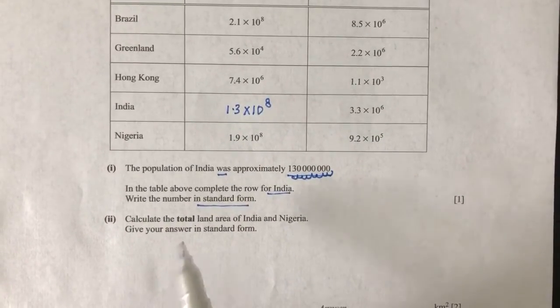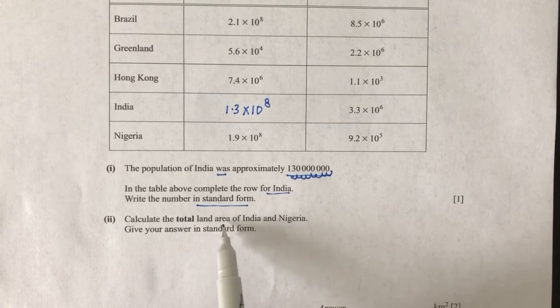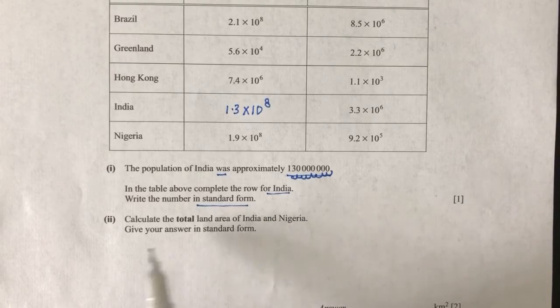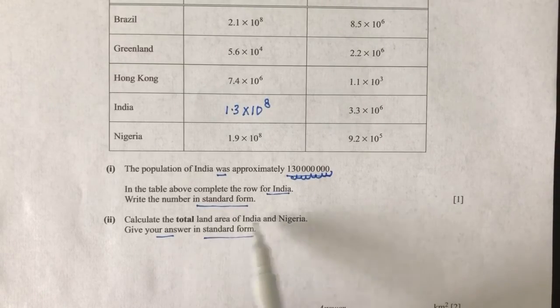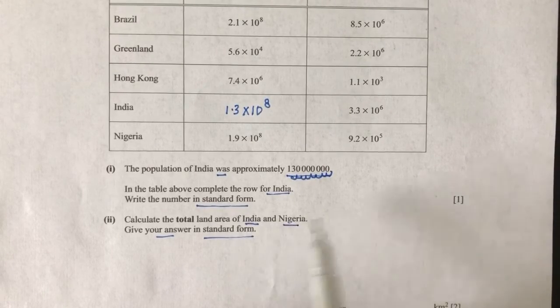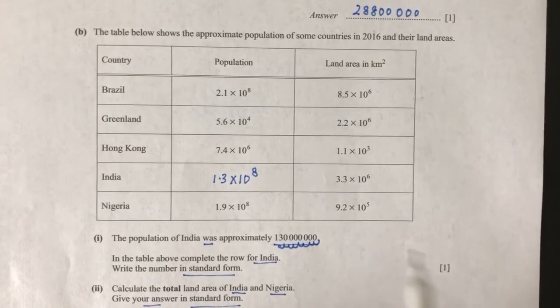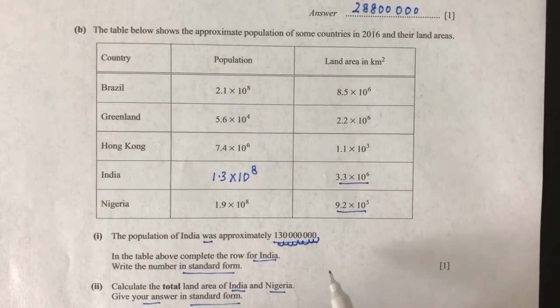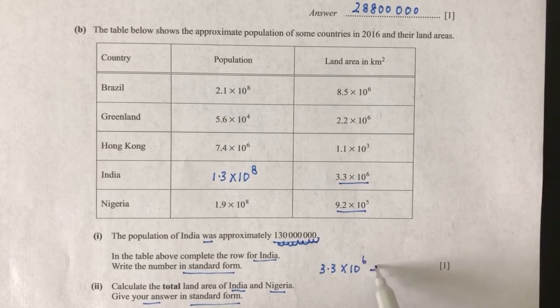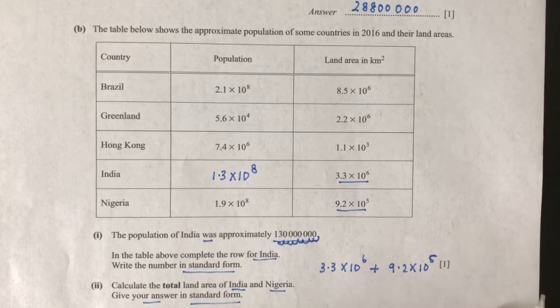Now for part 2, calculate the total land area of India and Nigeria. Give your answer in standard form. So we have to add the land of India and Nigeria. The land of India is this much and the land of Nigeria is this much. So let's do that. We have 3.3 times 10 power 6, add 9.2 times 10 power 5.